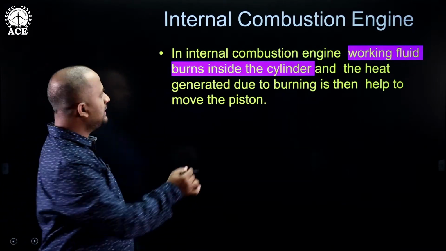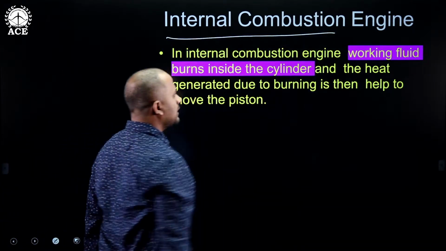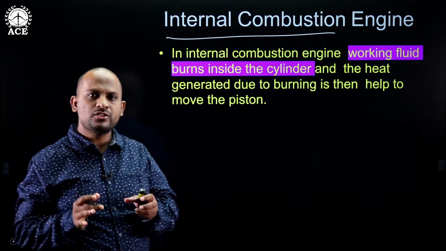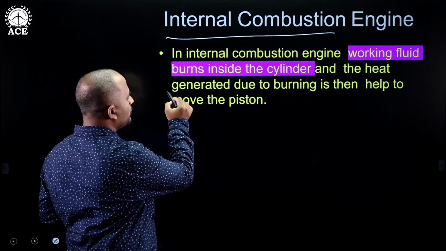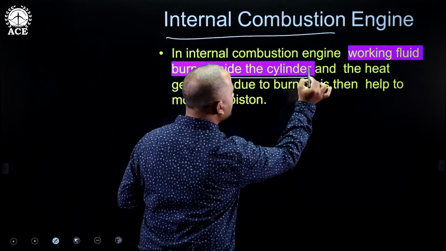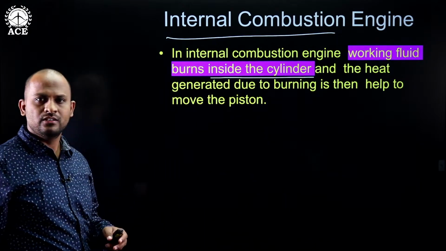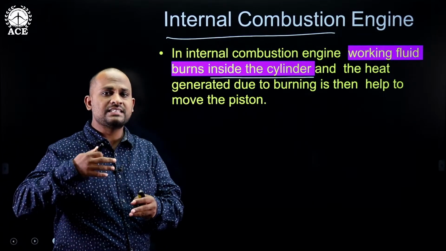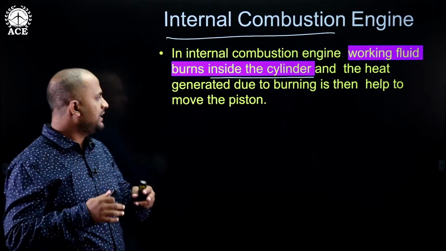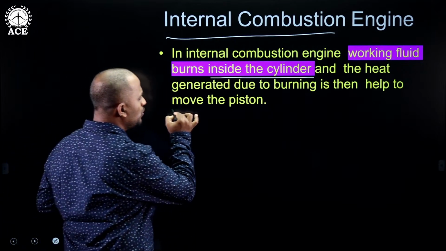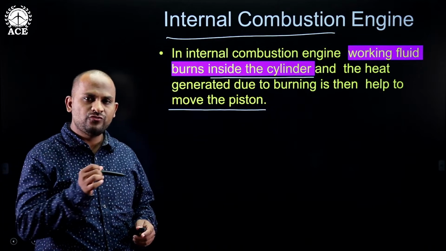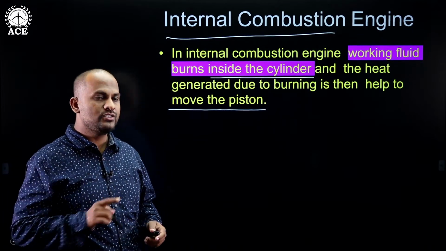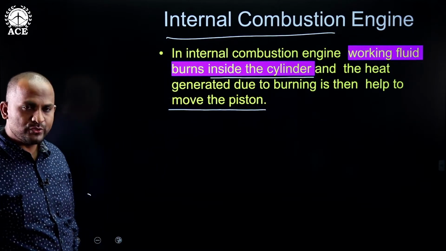Then what is this internal combustion engine? Internal combustion engine means the combustion of fuel takes place internally. The combustion of fuel takes place inside the cylinder, which releases the heat energy, and that heat energy is used to move the piston, which will act as the driving energy for the internal combustion engine.